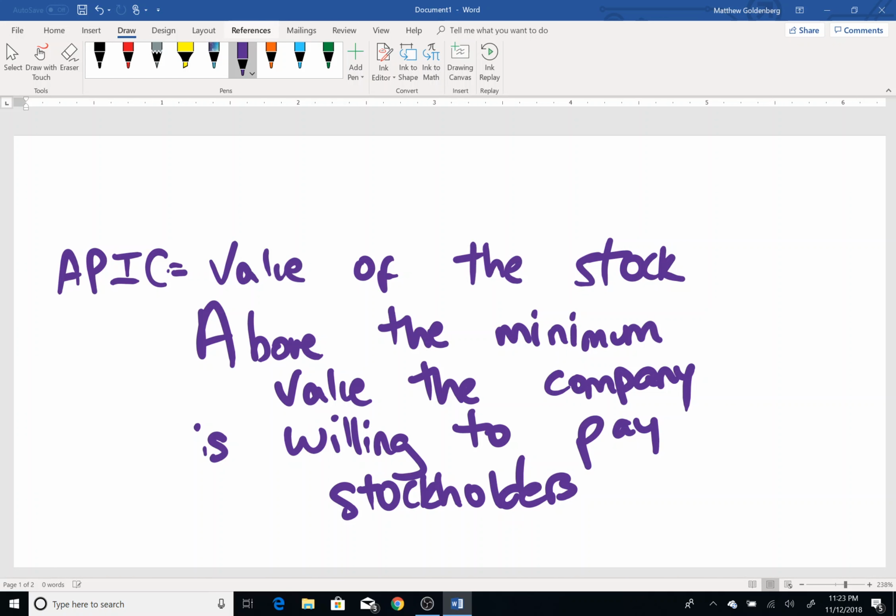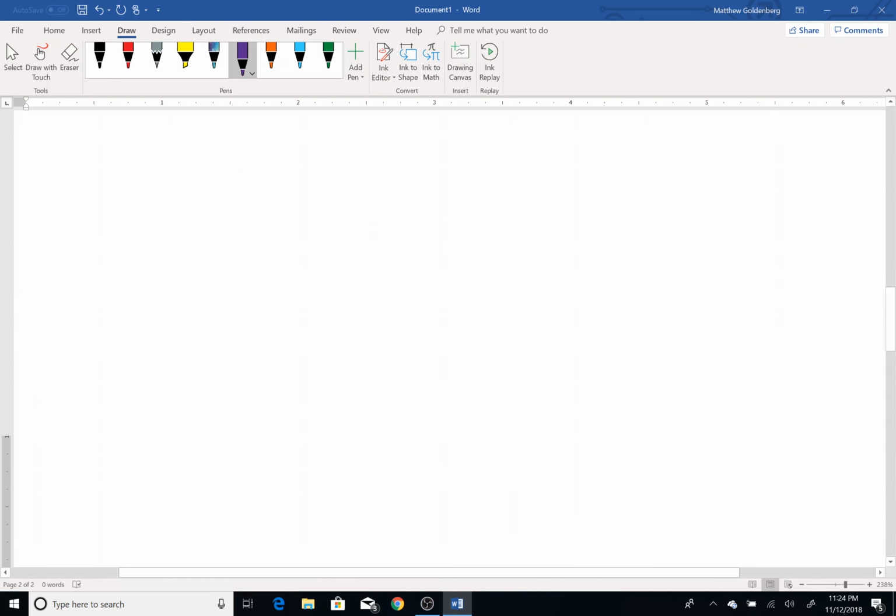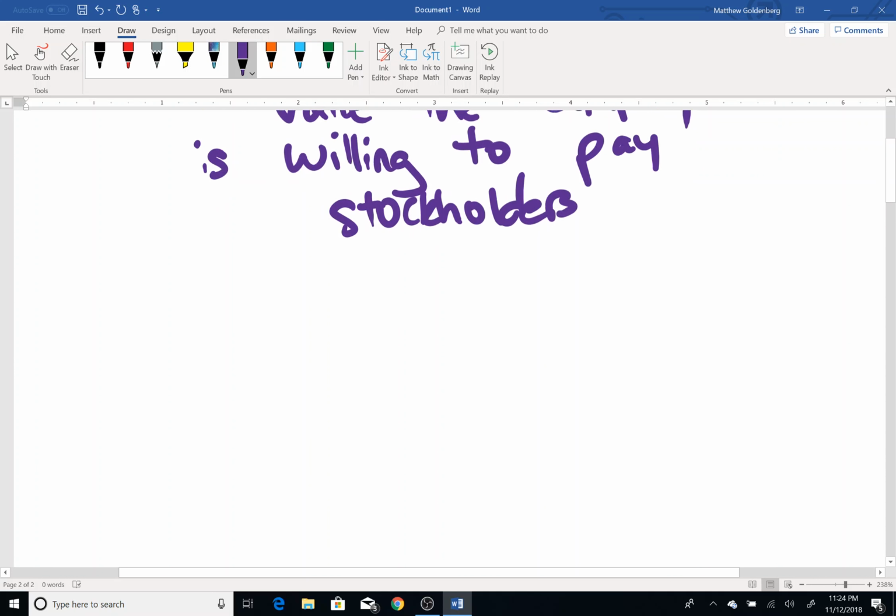Let's go down and break it a bit more up so that we understand. And I have plenty of white space, so it's good.